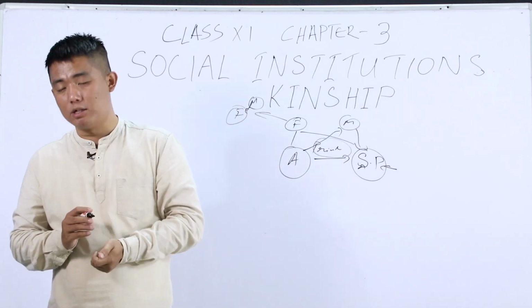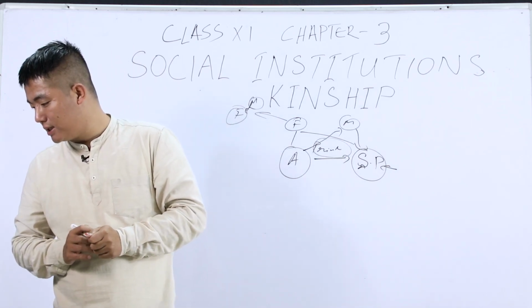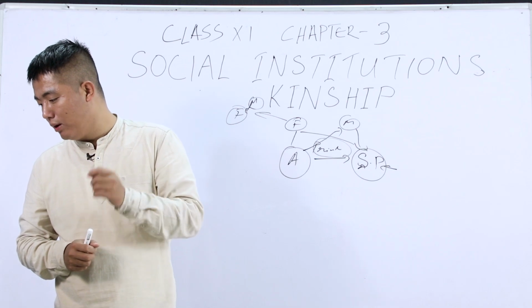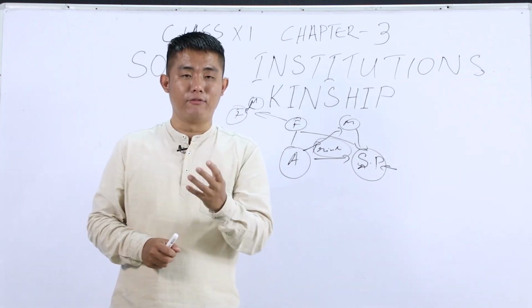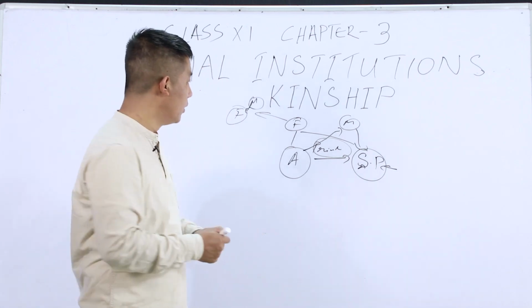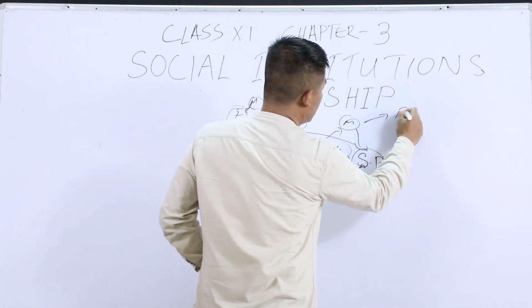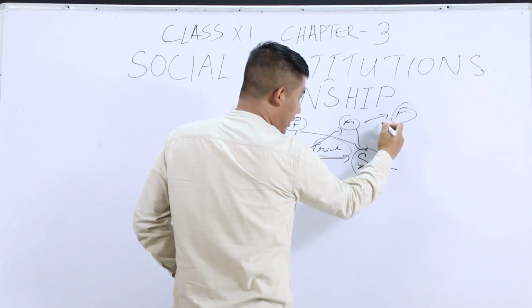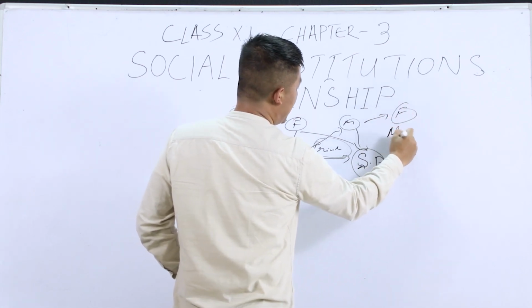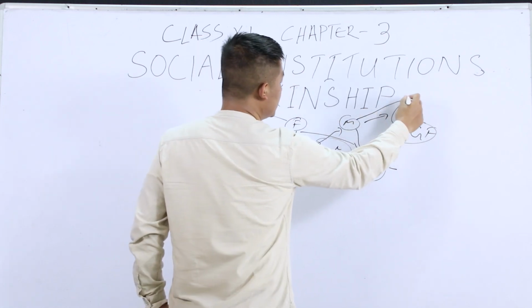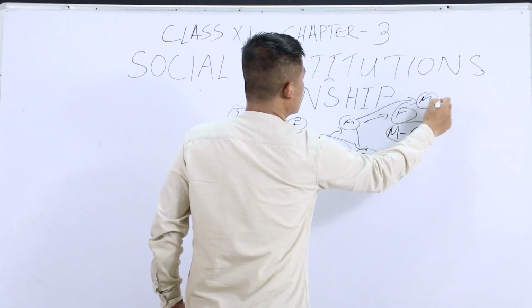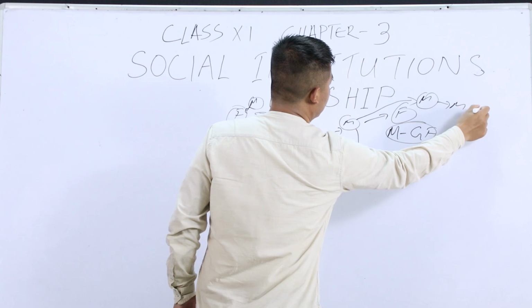In your textbook, page number 37, it is clearly mentioned here. Examples of secondary kin are father's father, which is your paternal grandfather, and your mother's father, which we call grandfather but is also called maternal grandfather, or your mother's mother, which is called maternal grandmother.